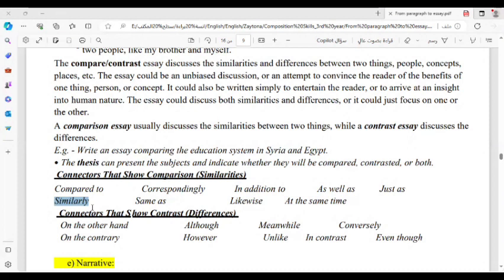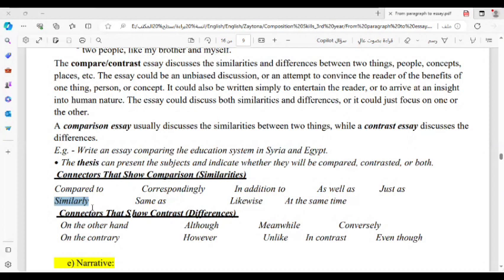How can we translate it in Arabic? Just talking about similarly: بشكل مماثل أو بشكل مشابه.